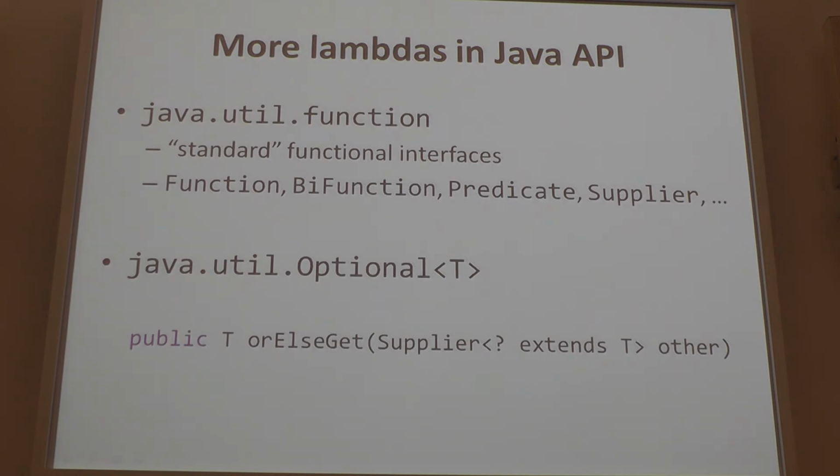And in Scala, the Option has a method called getOrElse. Here in Java, it's called orElseGet, and here you would pass a lambda expression, that is this supplier here, that should produce some other value if this Optional is empty.